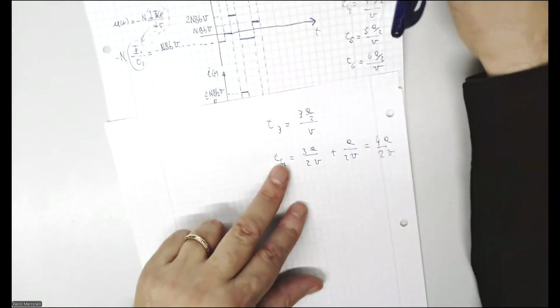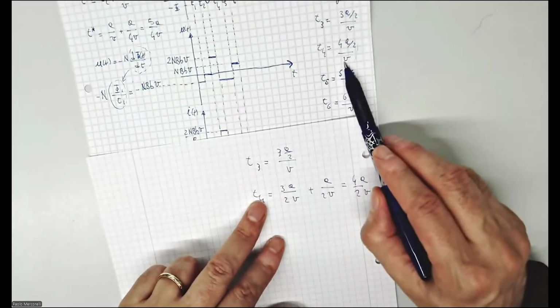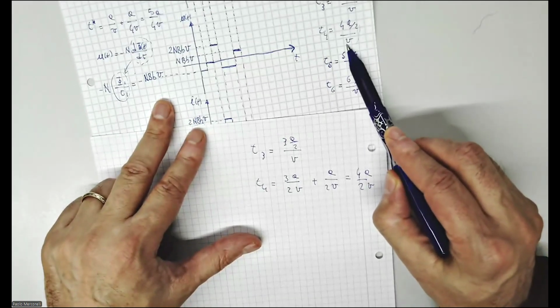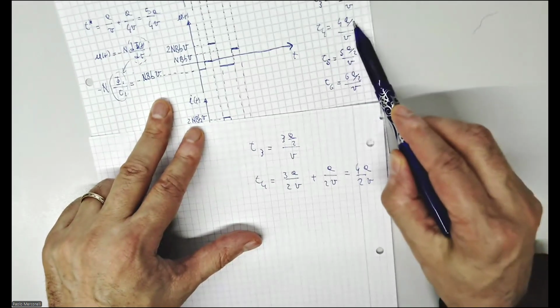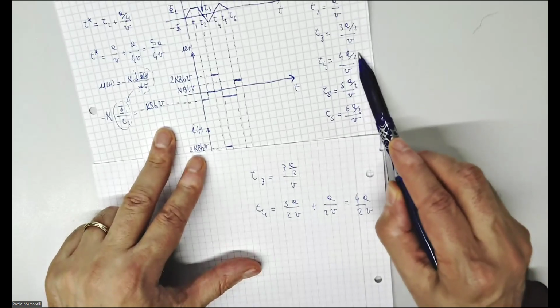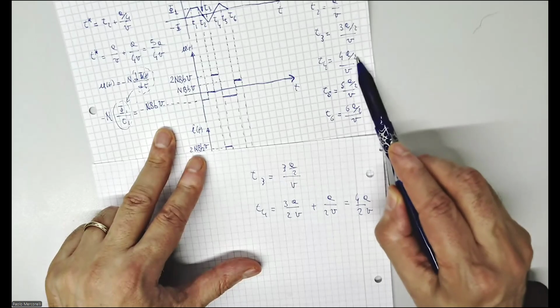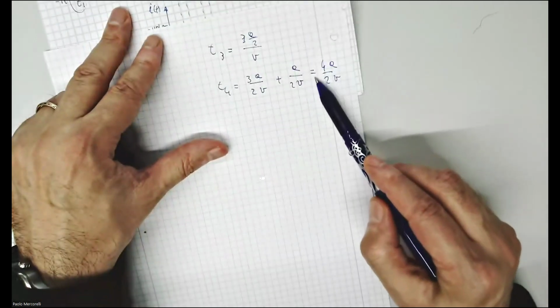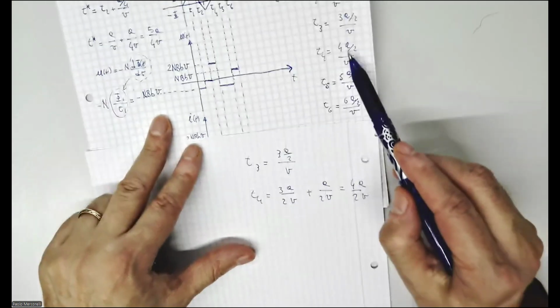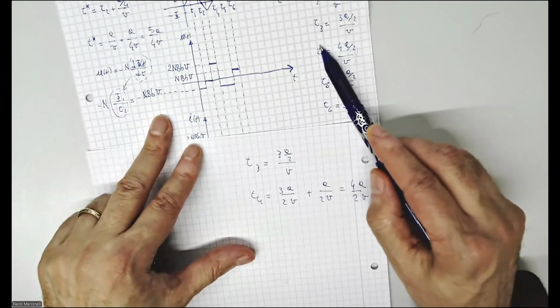It's correct. No, it's not correct. I forgot 2 here. Right? No, it's here, excuse me. Everything is correct. I didn't see it. It was not visible. Okay, look, this is the new calculation to verify. It's exactly this one. It's okay.